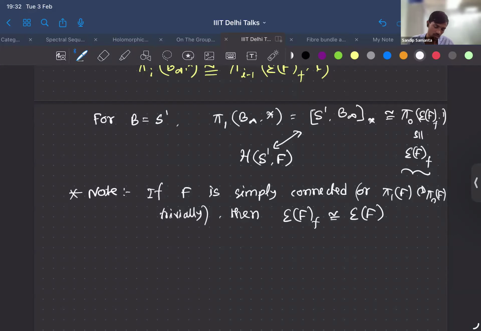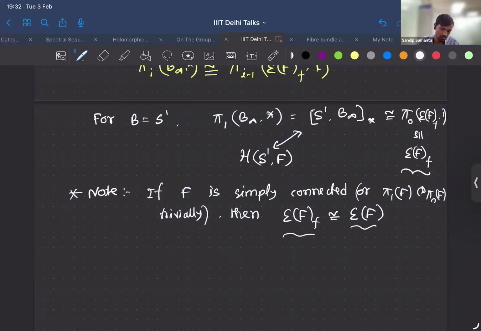So for such spaces, if we can calculate this group, we are able to classify all fibrations with fiber F over the base space S1.